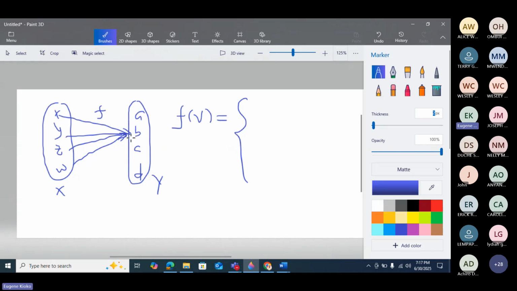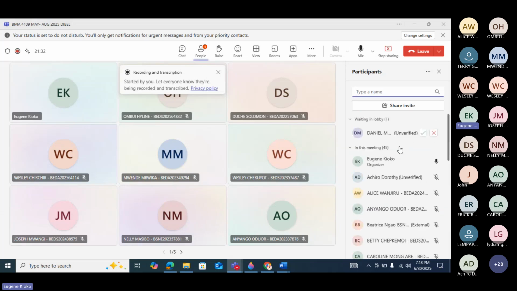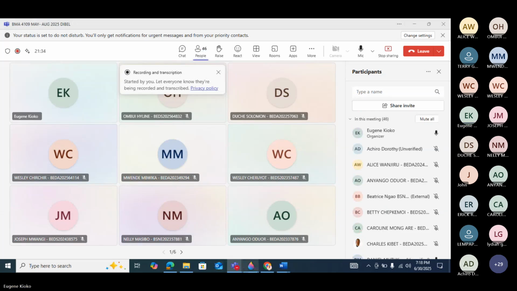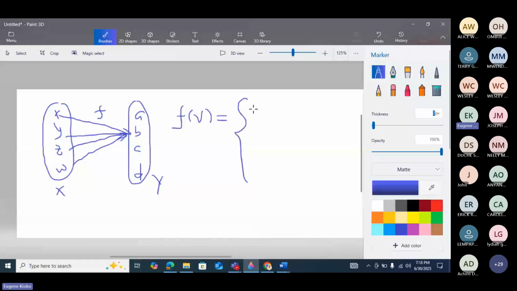X. The whole of X. And therefore, if you are keen enough, you can clearly see we only have two possible solutions. Which one and which one? Empty and X. We only have two solutions, which are empty and X. And when are you going to get empty? When are you going to get X?